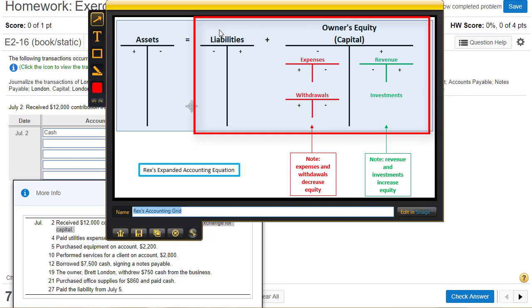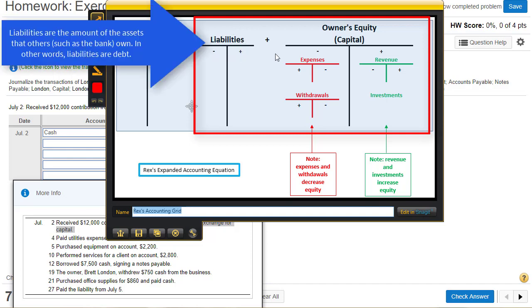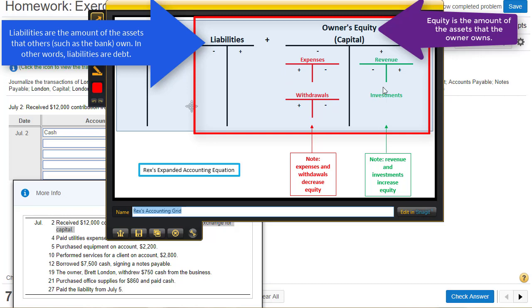And remember, liabilities show how much of the assets others own, such as the bank, and then equity is the amount of the assets that the owner owns. So of that $12,000 that the owner contributed, who owns it? The bank, in other words, others? Is it a liability? Or does the owner own it? Well, the owner owns it.